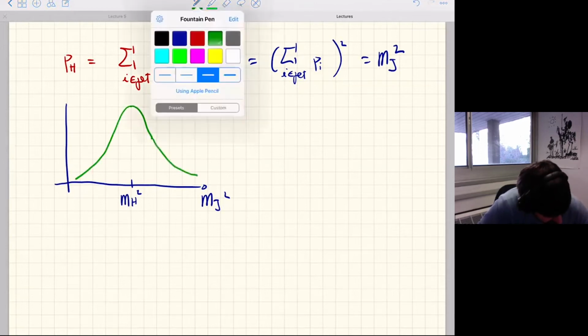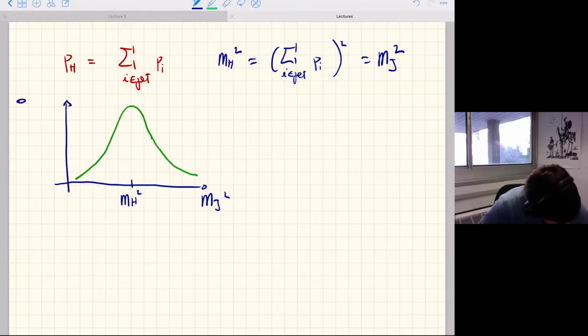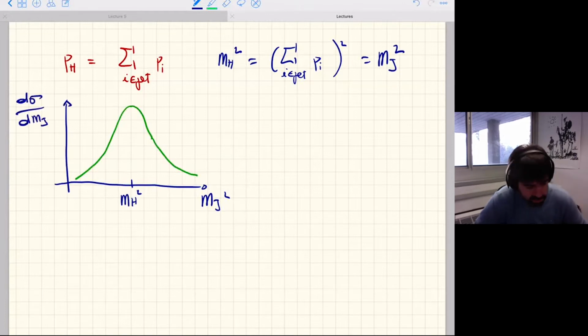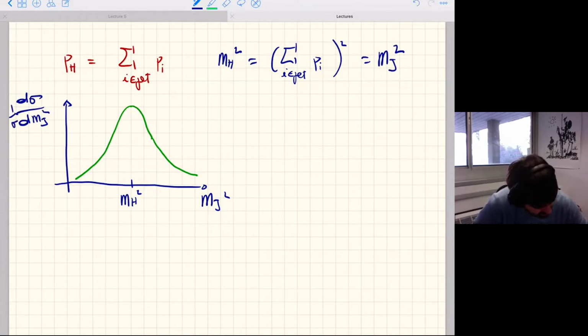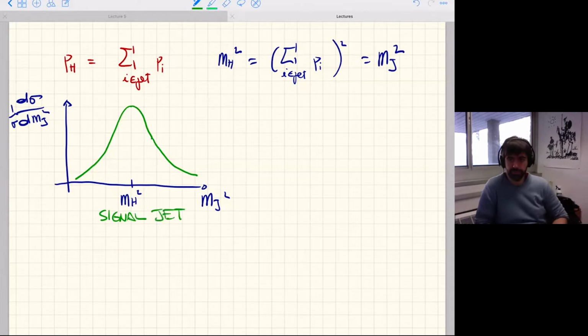Sorry, I should label the axis: that is d sigma over d m_J squared, or m_J. Very often we look at a normalized distribution because we are interested in the shape. So a signal jet looks like that, or should look like that.